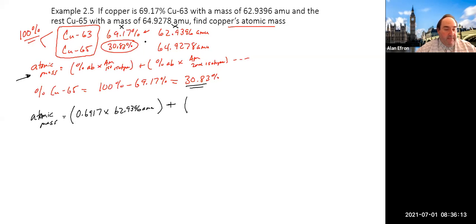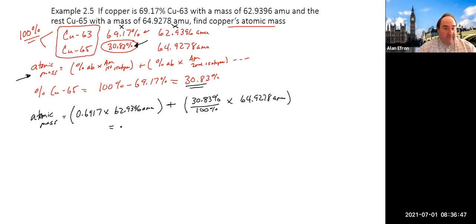We're going to do the same thing here with our second percentage. And just to show you your other option, you could go 30.83% divided by 100%. That's going to move your decimal place for you, and times it by 64.9278 AMU. If we do all that, we end up with 0.6917 times 62.9396.